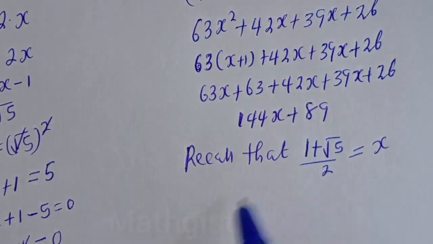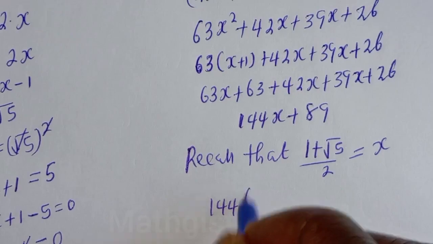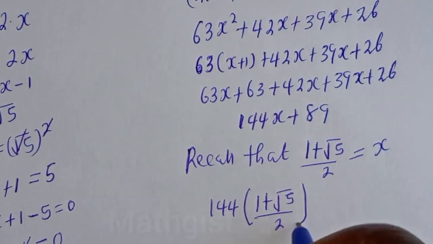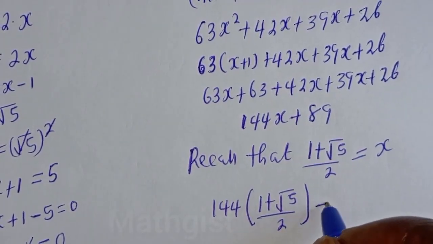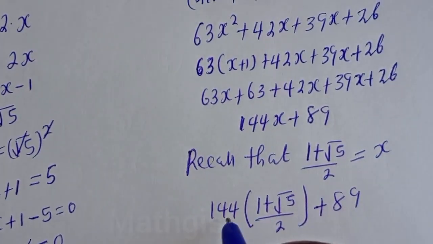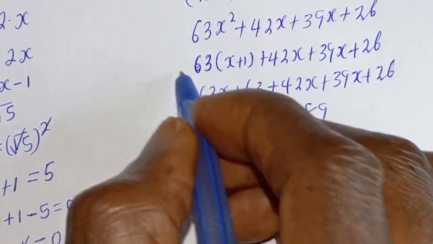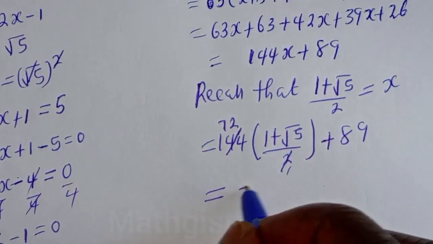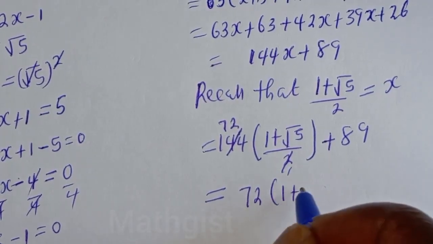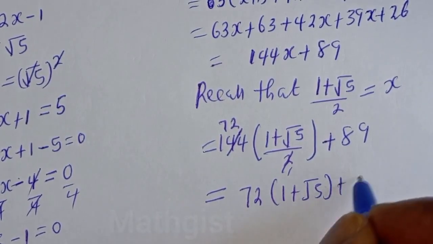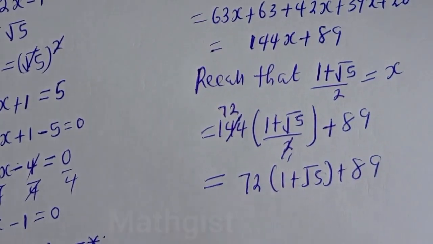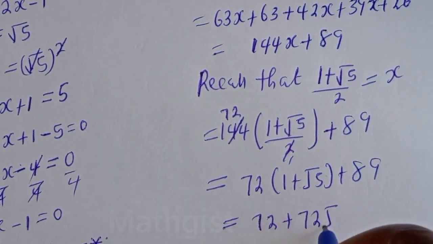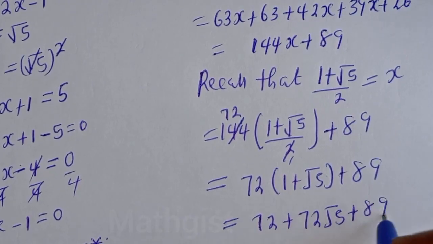Let's substitute for x here: 144 times (1 + √5)/2 plus 89. 2 here 1, 2 here 72. 72(1 + √5) + 89. Now let's open the bracket. 72 + 72√5 + 89.